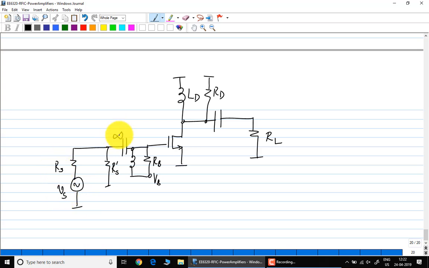This is my biasing circuit so far, my input-matched, output-matched PA so far.